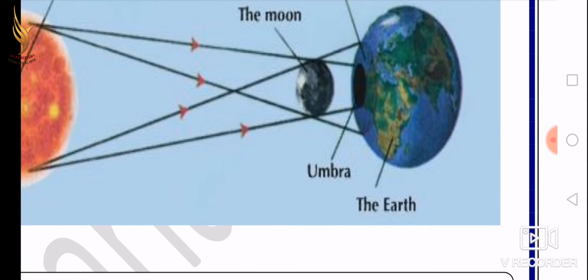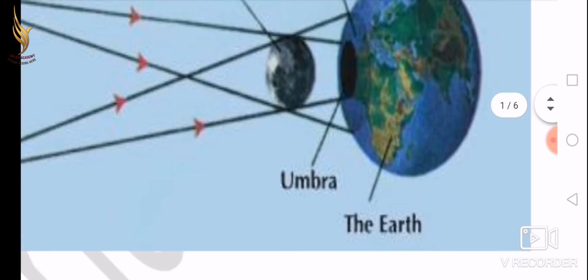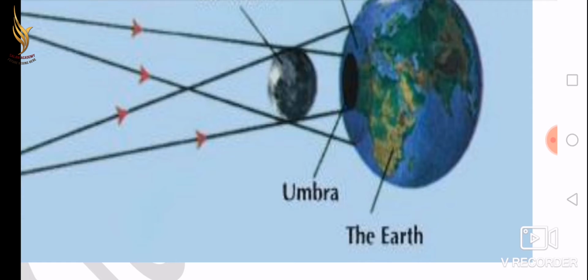If you look at the sun from the shadow area, or from the umbra area, you can see the sun completely. So this type of solar eclipse is known as total solar eclipse.